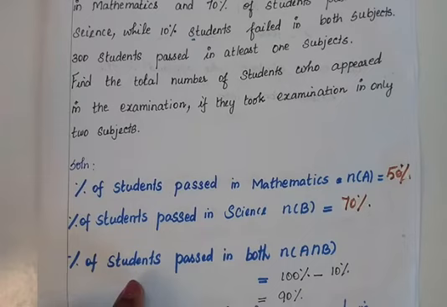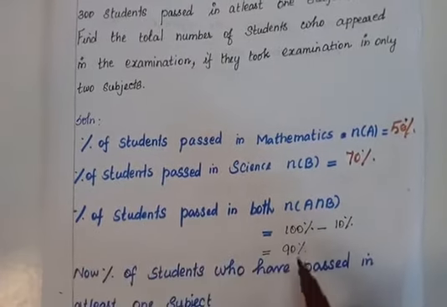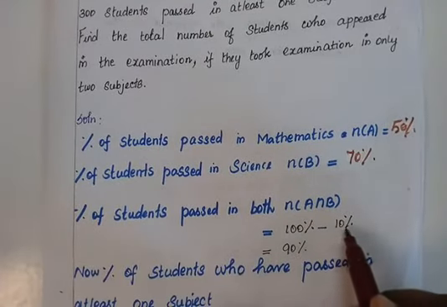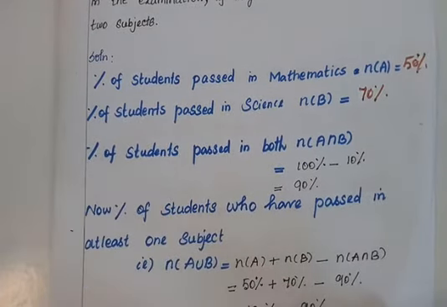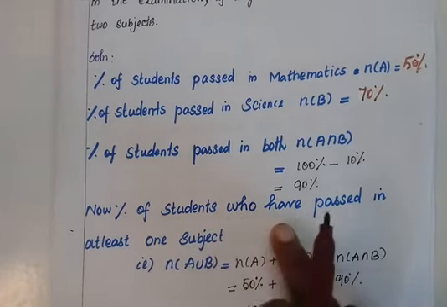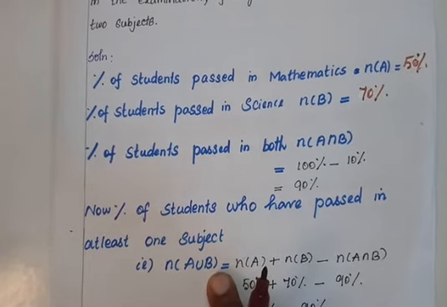So the percentage of students passed in both subjects, n(A ∩ B), equals 100% minus the failed percentage, which is 10%. So 100 minus 10 is 90%. Now the percentage of students who have passed in at least one subject, n(A ∪ B), we find.